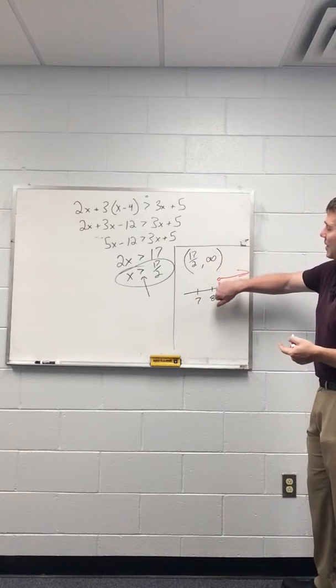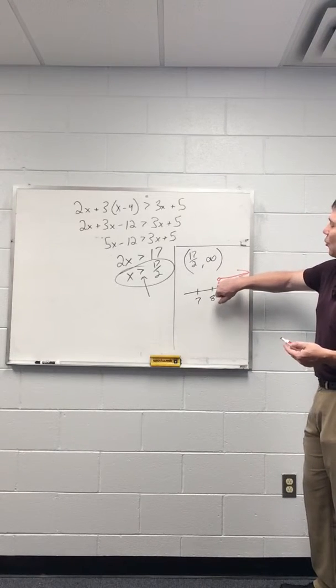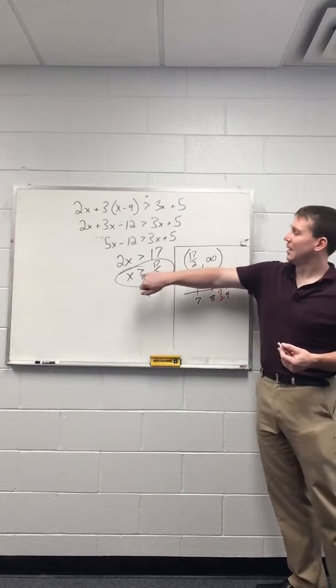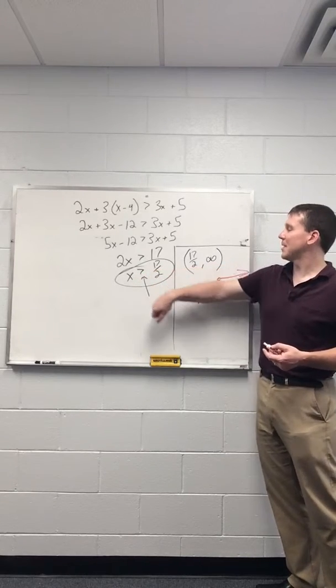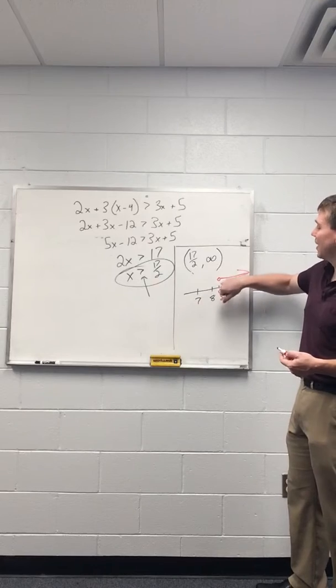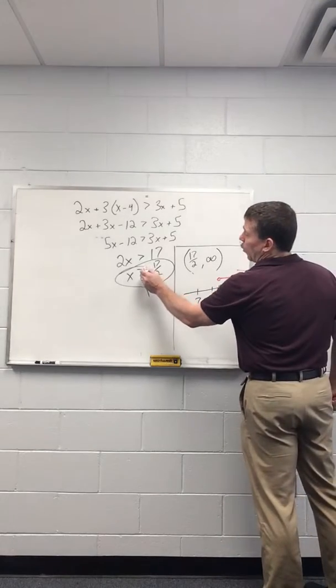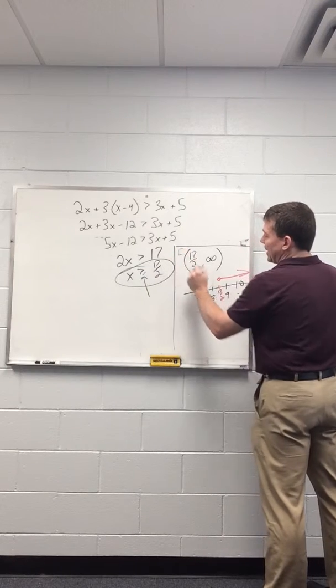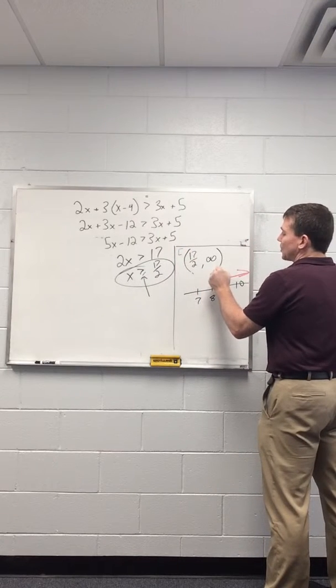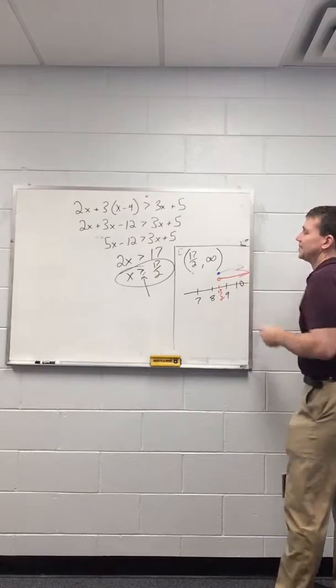When drawing this on a number line, you either draw an open circle or a closed circle. If it's a strict inequality, if there's a parenthesis here, you draw an open circle. If this was a greater than or equal to, if I had a bracket here, I would draw a closed circle here to include that point.